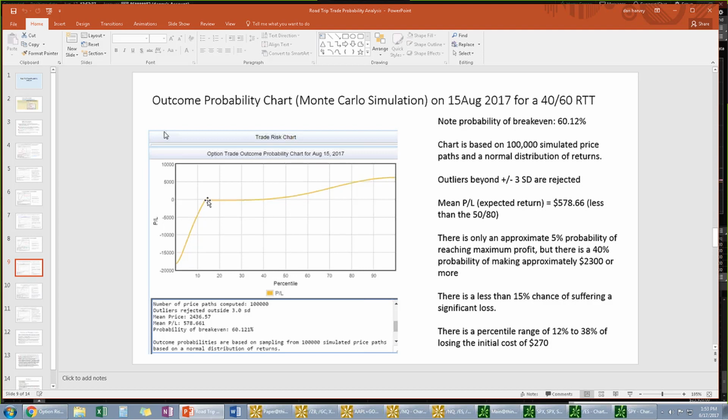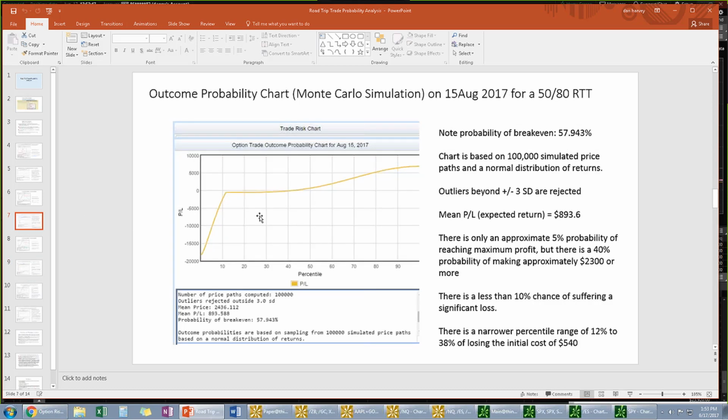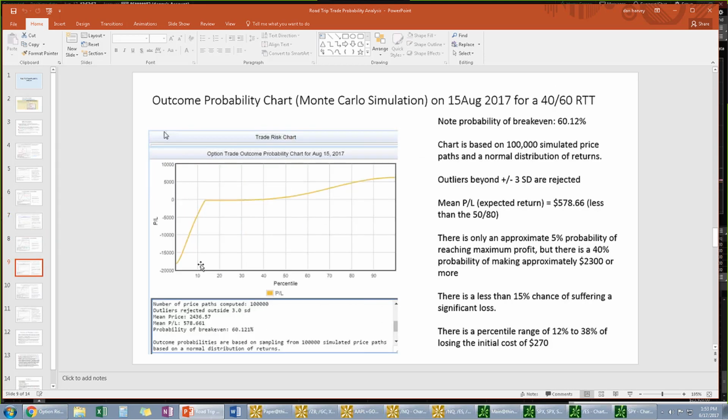Again, if you remember where the break point was, this is at around maybe the 12th percentile, and this one you started to break at, it's very close. But you do have more downside risk. And this is because the payoff curve has been shifted to the right. So this explains why I would rather do a 50-80, 50-75.